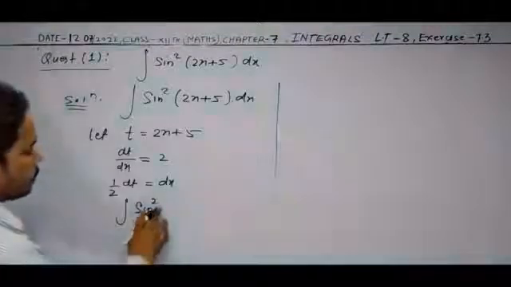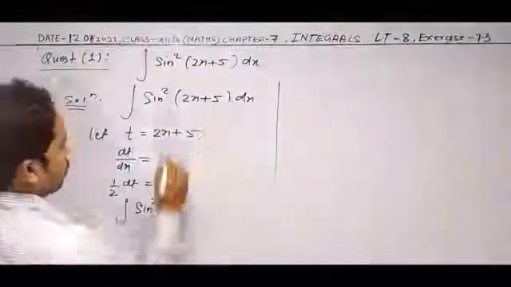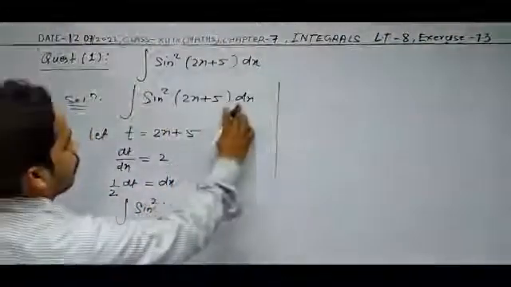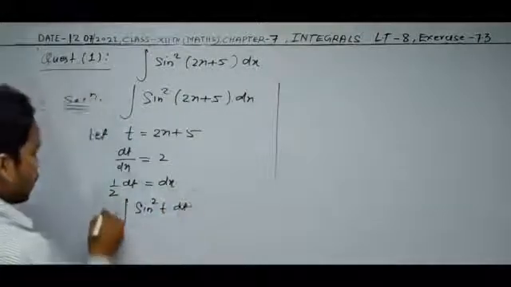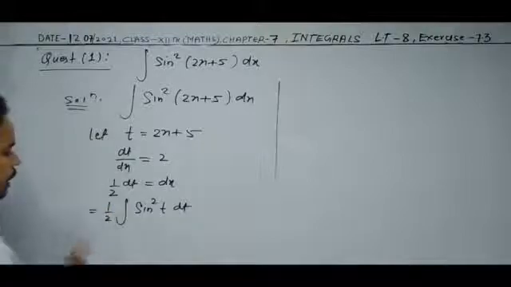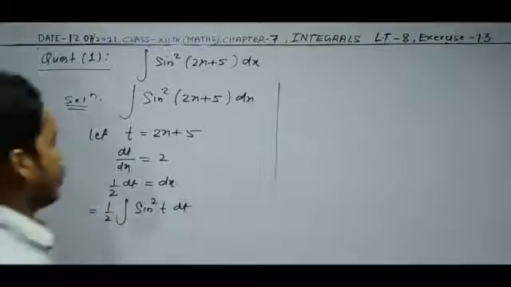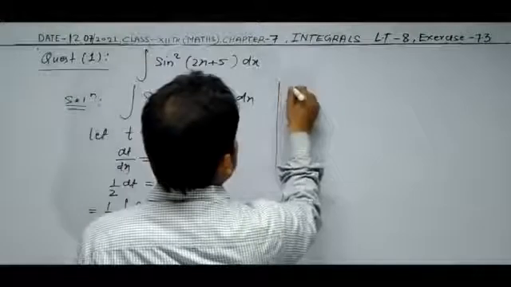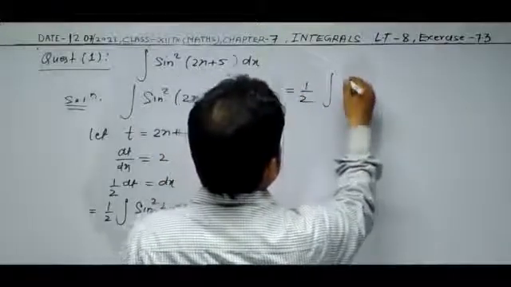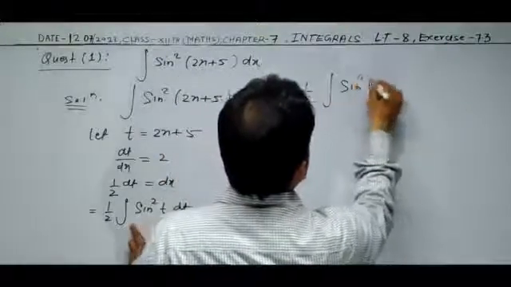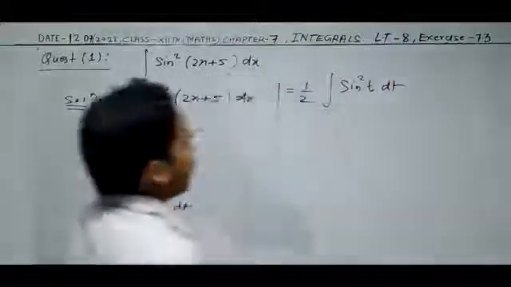Sine square becomes sine square t, and dx becomes 1 by 2 dt. So dt is here and 1 by 2 is outside the integral. The next step will be 1 by 2 integration of sine square t dt.